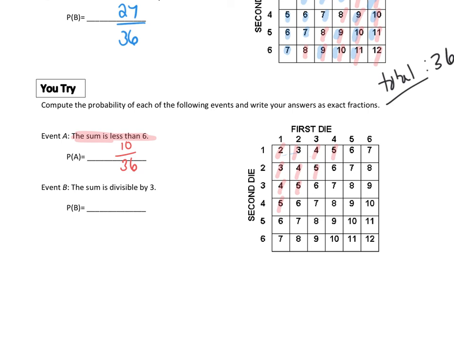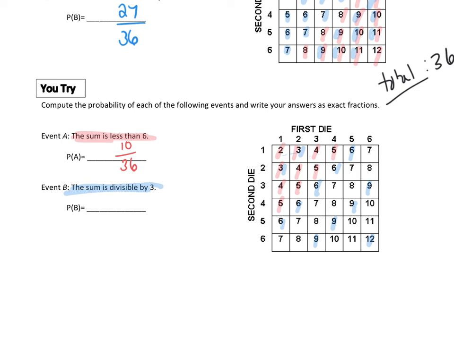And then the second one is the event that the sum is divisible by 3. So now we have to think about all the ones that can be divided by 3. 3 can be divided by 3. 6 can be divided by 3. 9 can be divided by 3. And 12 can be divided by 3.